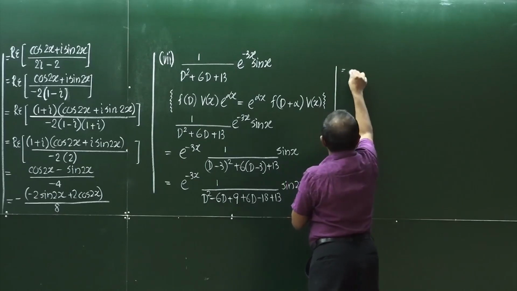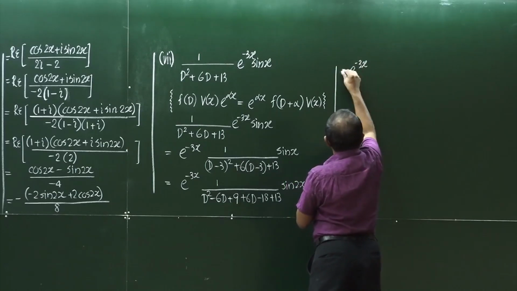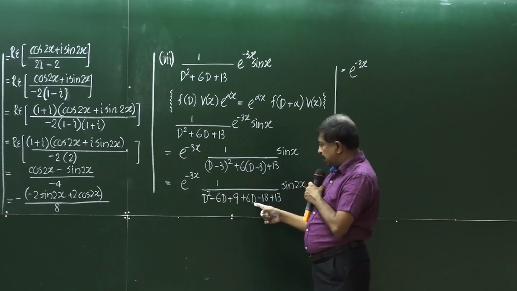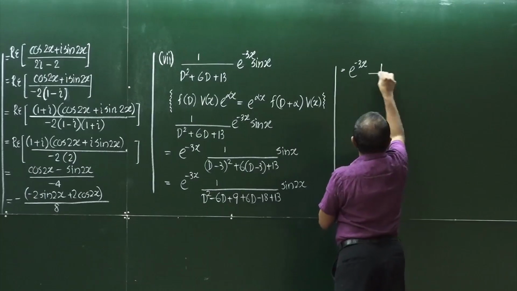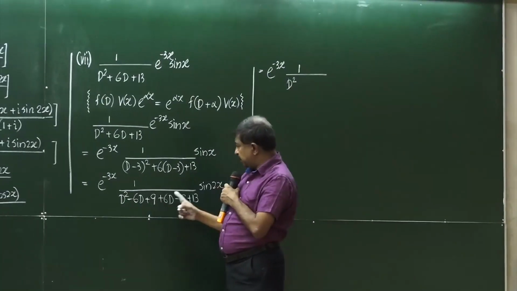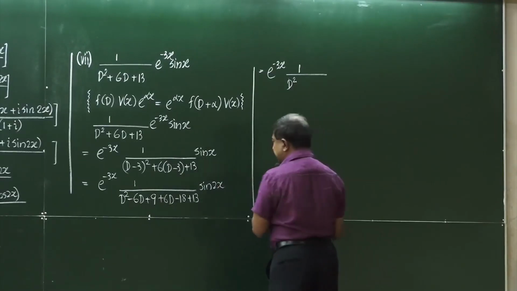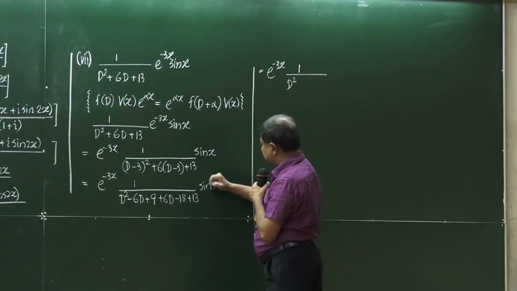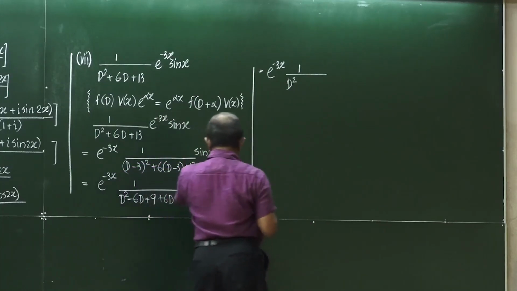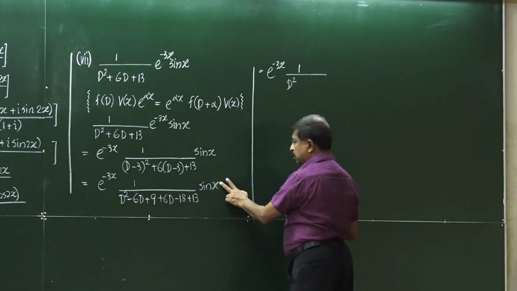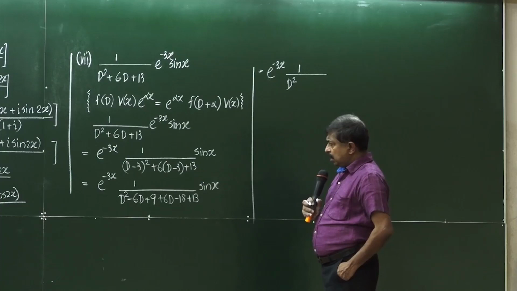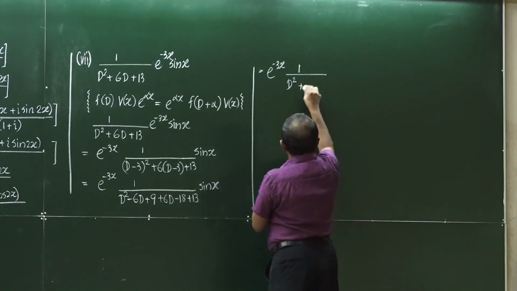Now, e to the power minus 3x. Now you can simplify this. These two will go away. So 9 plus 13 is 22, minus 18. Oh, this is sin x, not sin 2x. Sin x. So you get d squared plus 4.